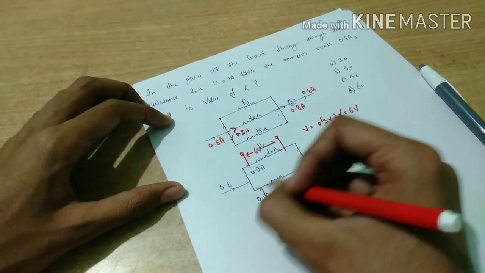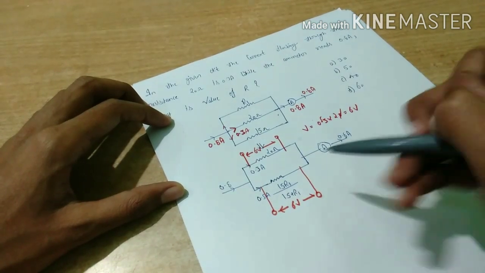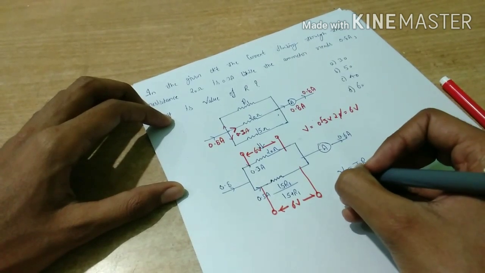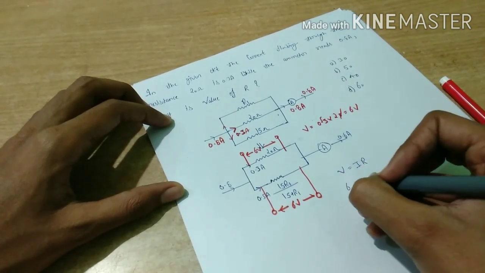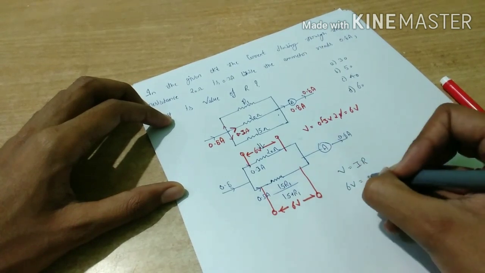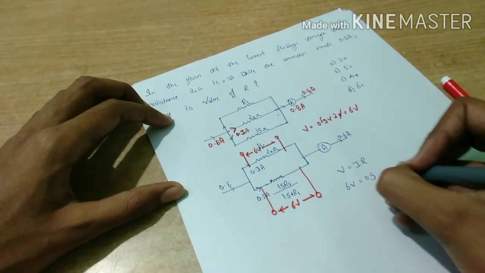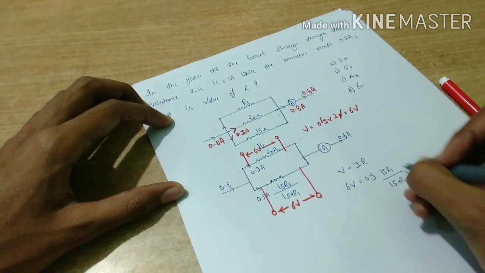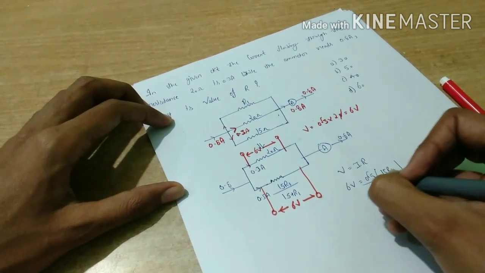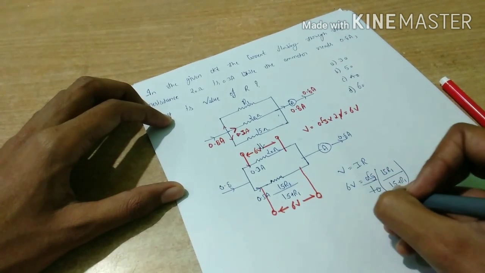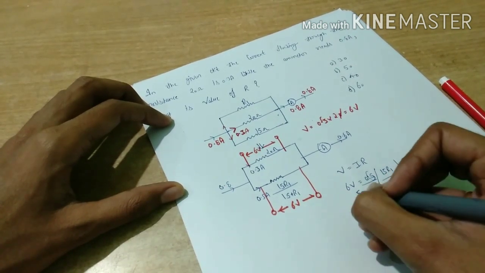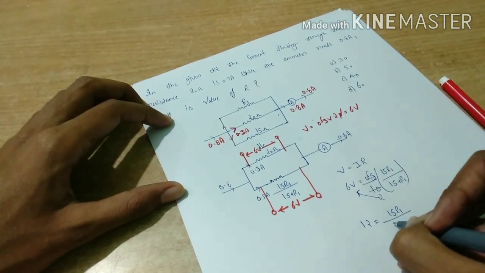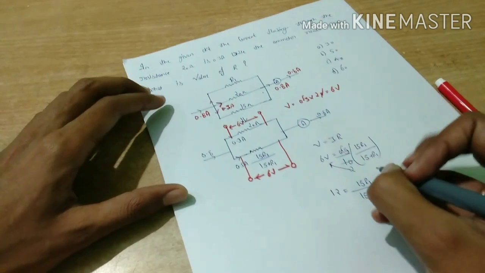So apply Ohm's law. V equal to IR, V is 6 volt, I is 0.5 ampere, R is the parallel combination 15 R1 divided by 15 plus R1. Calculate it. 12 equal to 15 R1 divided by 15 plus R1.